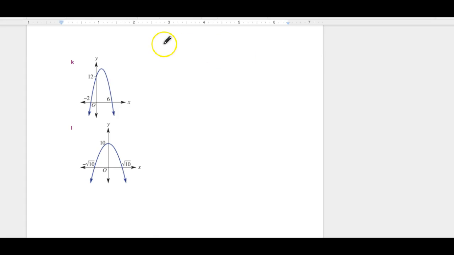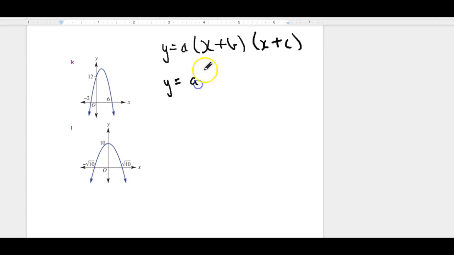So I'm going to write the equation in factorized form first. It doesn't matter what letters you use either. I use A, B, and C. Yeah, there's all different letters you can use. Okay, so here we've got x-intercept at -2, so this must be x plus 2.